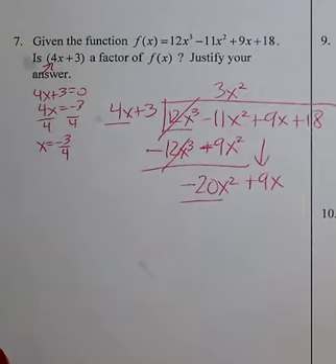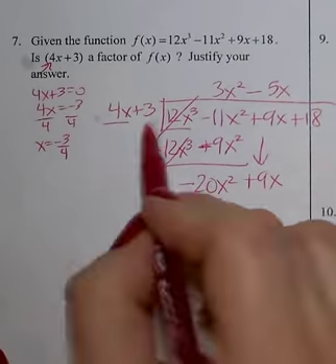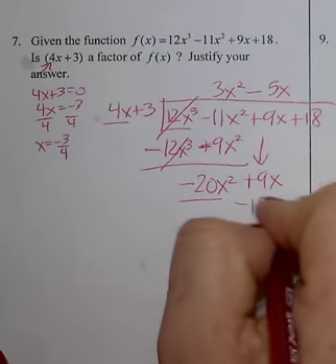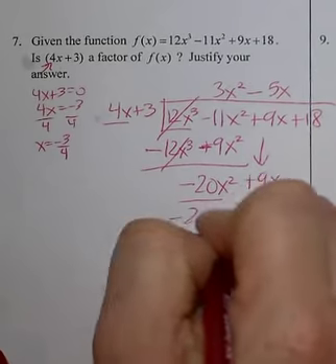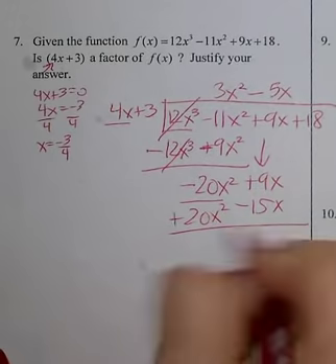Right, if you just put 5x, it's wrong. It has to be a negative 5x. I'm going to multiply and multiply. Change the signs and combine.